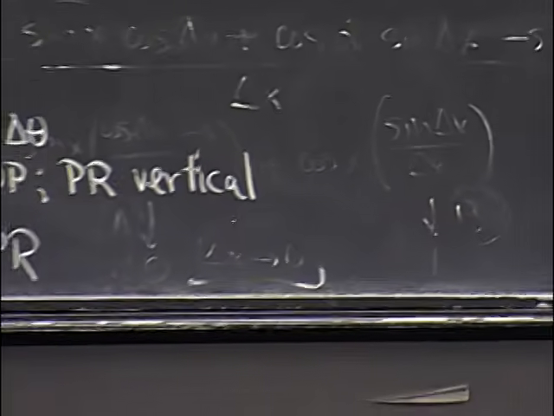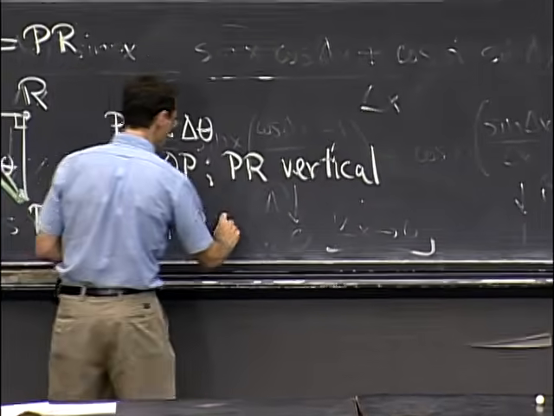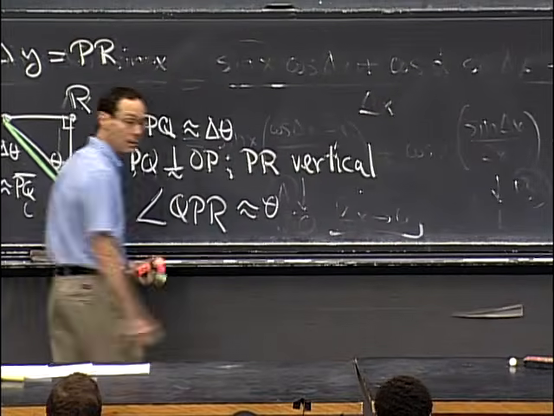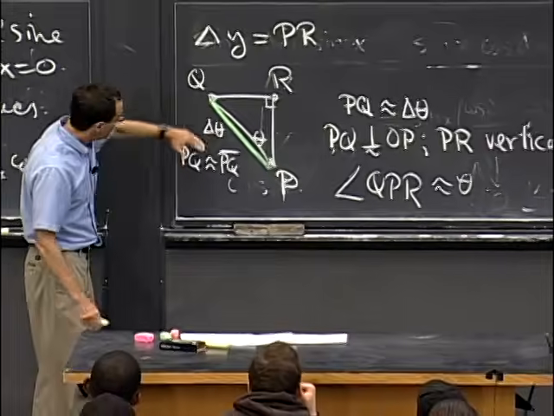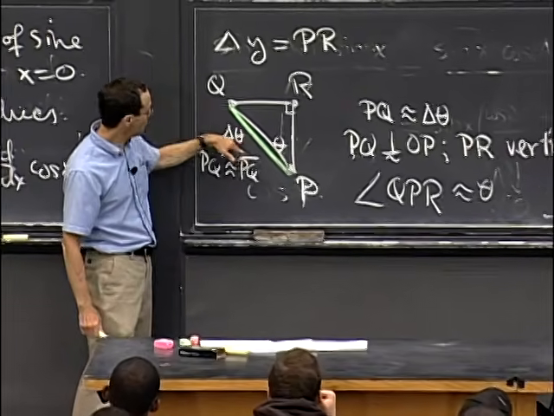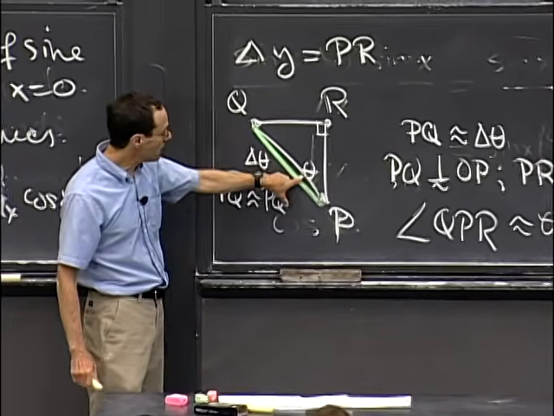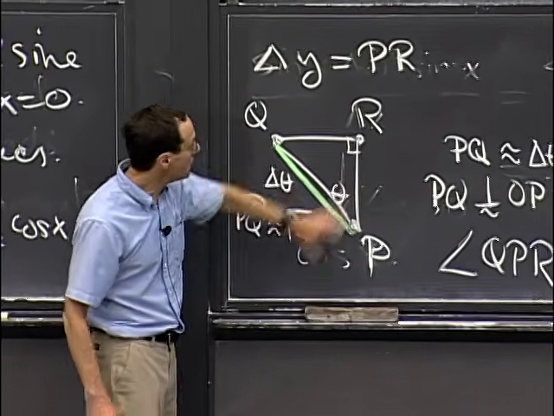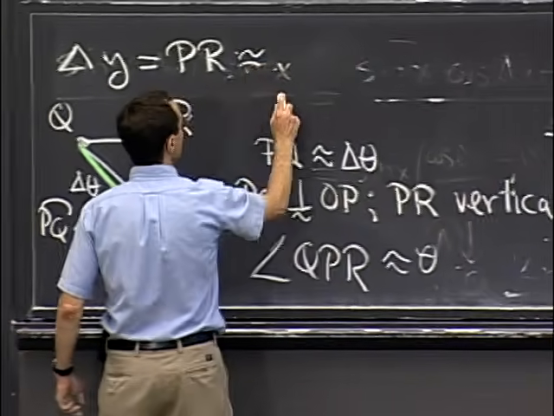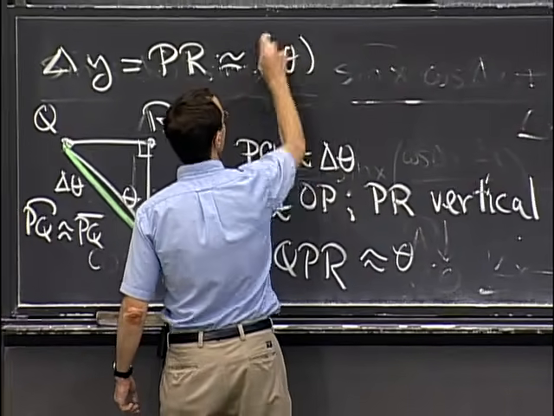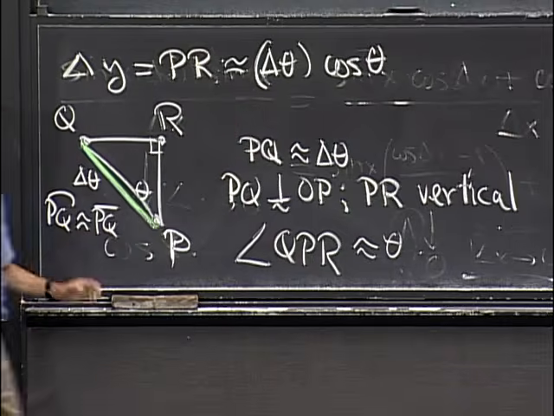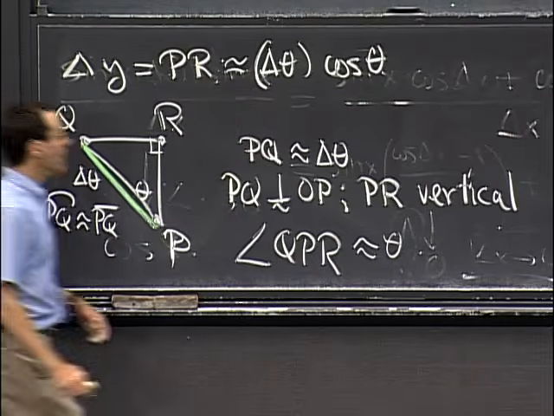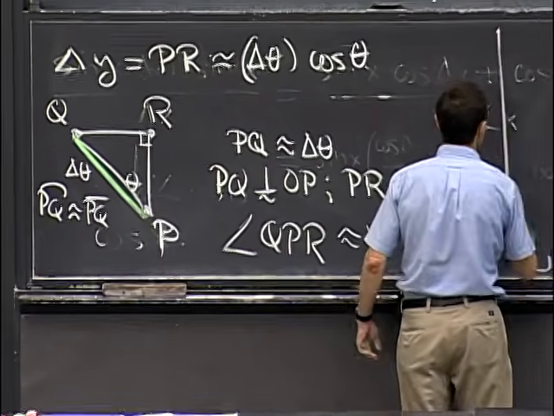All right, so I claim that the conclusion is that this angle is approximately theta. And now we can finish our calculation, because we have something with the hypotenuse being delta theta and the angle being theta. And so this segment here, PR, is approximately the hypotenuse length times the cosine of the angle. And that is exactly what we wanted.